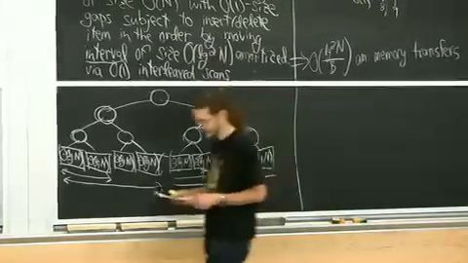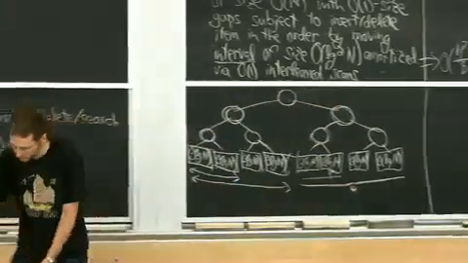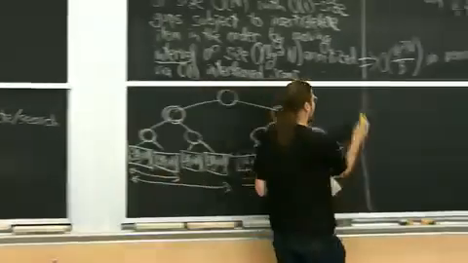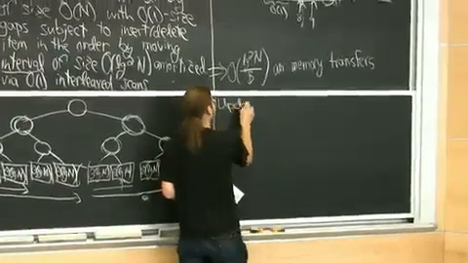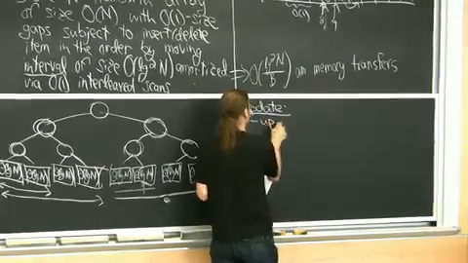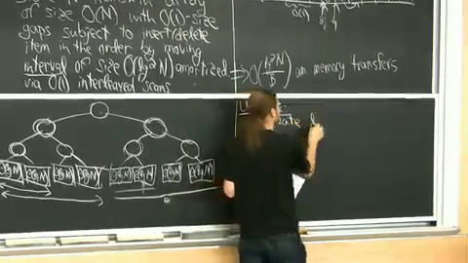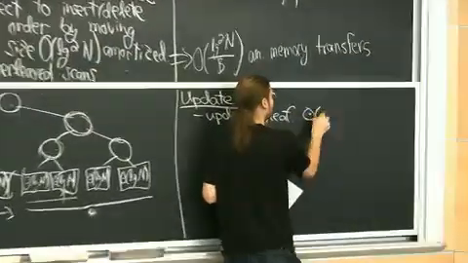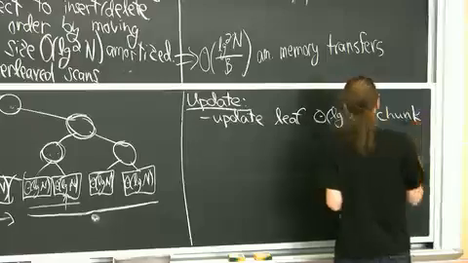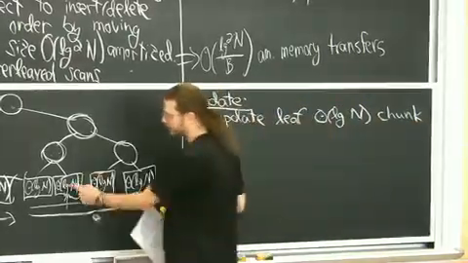Okay, let me write down the algorithm for update. For insert or delete, it's the same algorithm. You update the leaf log n chunk. You can do that just by rewriting the entire chunk.